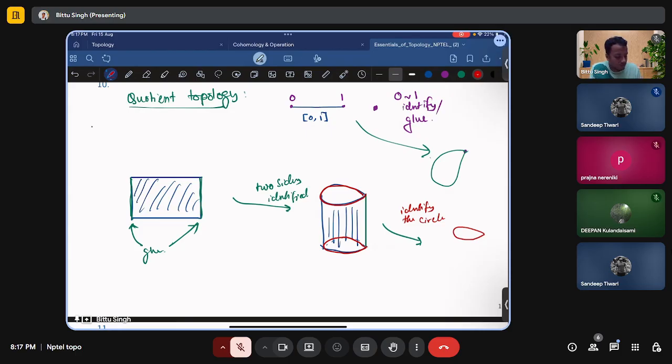There is some interval 0 1, then you can stretch it to something like this. Those kinds of steps are allowed. So let us draw the picture. Can you see that this picture will be like this?